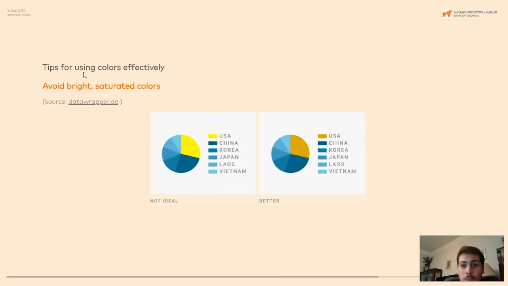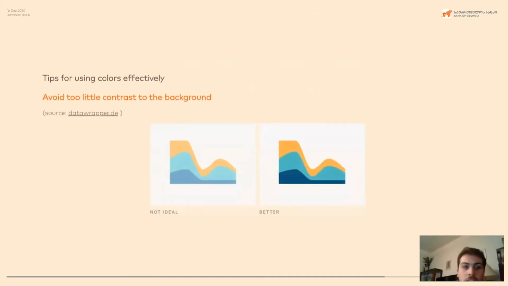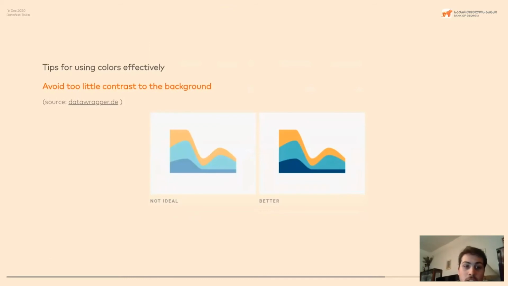The next one is to avoid too little contrast to the background. A surprising number of charts on bright backgrounds use very pastelish colors. They are often not very saturated and awfully light. That comes with a problem. If you work with small areas like lines and dots, light and desaturated colors can be hard to distinguish for your readers.